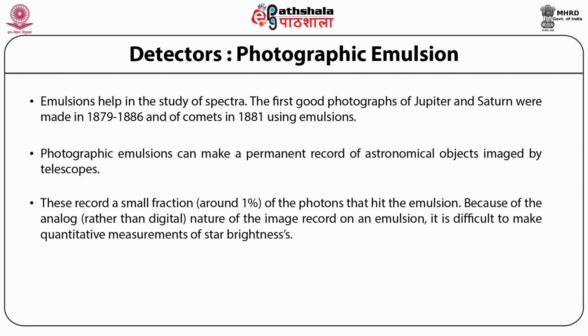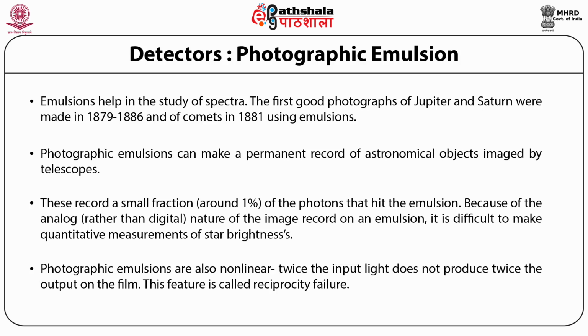They record only a small fraction, around 1%, of the photons that hit the emulsion, and because of the analog rather than digital nature of the image recorded on an emulsion, it is difficult to make quantitative measurements of a star's brightness. Photographic emulsions are also non-linear. Twice the input light does not produce twice the output on the film. This feature is called reciprocity failure.